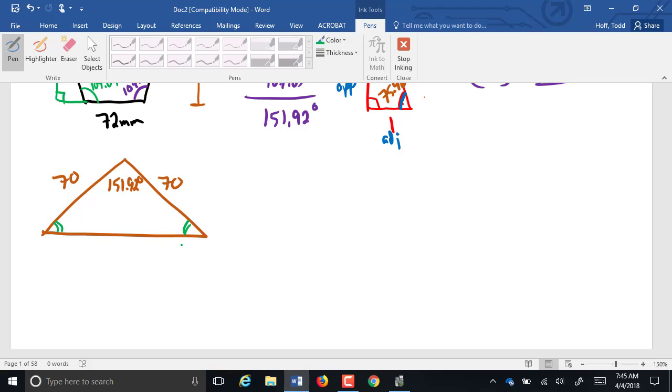So that makes each of those, what is that, 28.08? So that makes each of those 14.04, because that has to add up to 180 again. Any questions on where I got the 14.04? Just 180 minus the 151.92 and then divided by 2 to split it between the two angles.